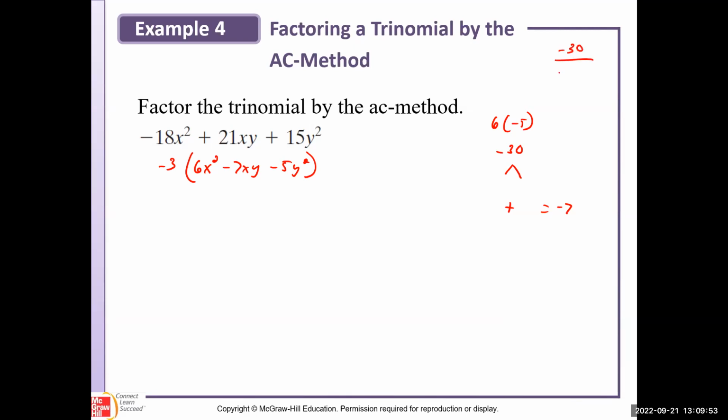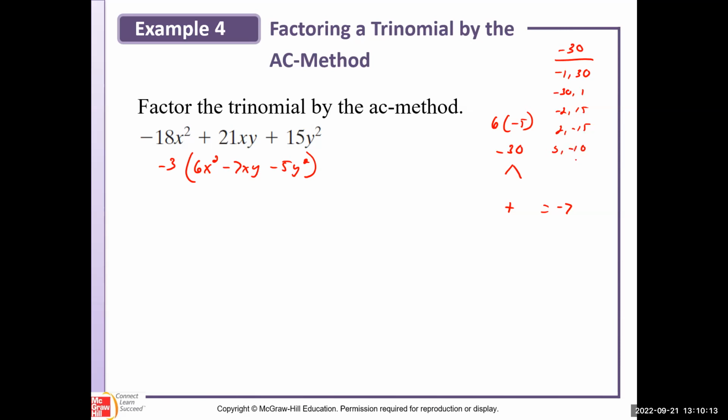So factors of negative 30 are 1 and negative 30, negative 1 and 30. I can also have negative 2 and 15, or 2 and negative 15. I'm still trying to get to that negative 7. I can also have 3 and negative 10.